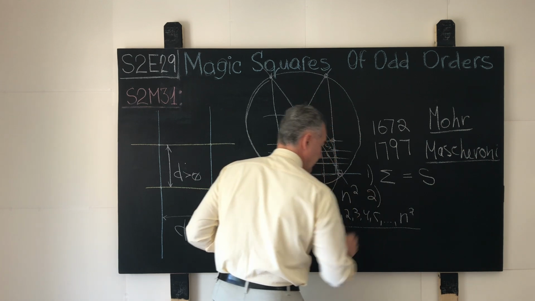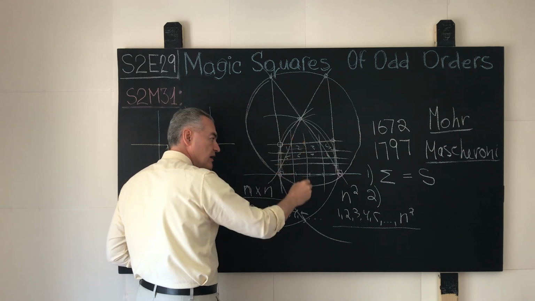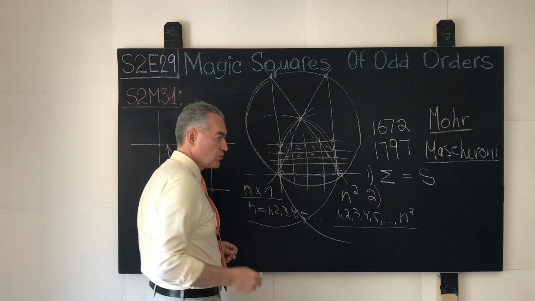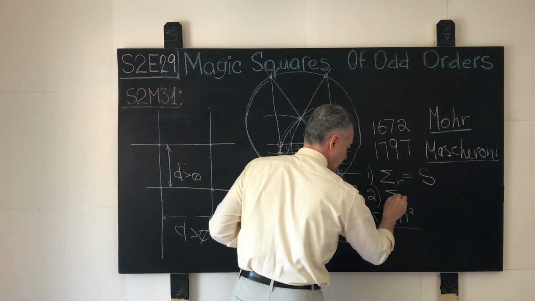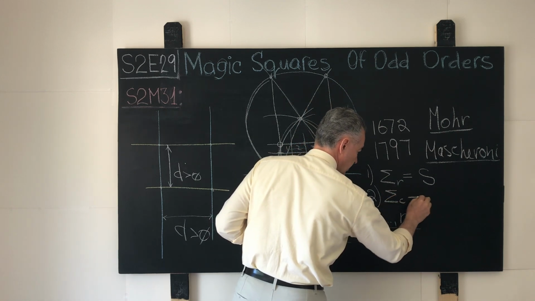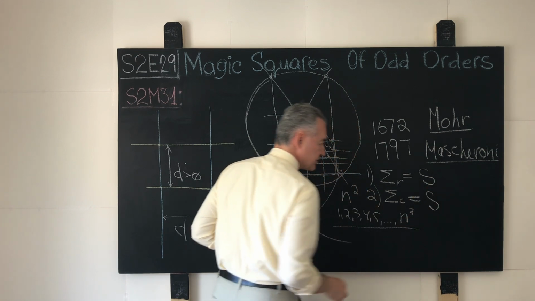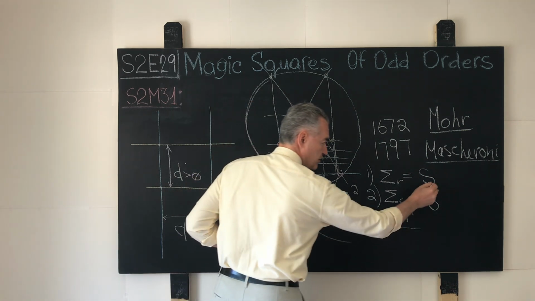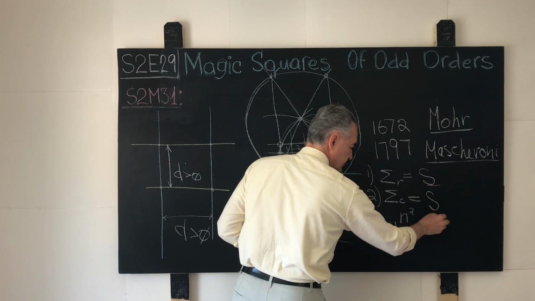Condition number two states that the sum of all the numbers in all the columns of a numeric square, so let's say that's the sum in rows and that's the sum in columns, is also one and the same number, and that number is not just any random number, but the same s. So this number over here is one and the same.